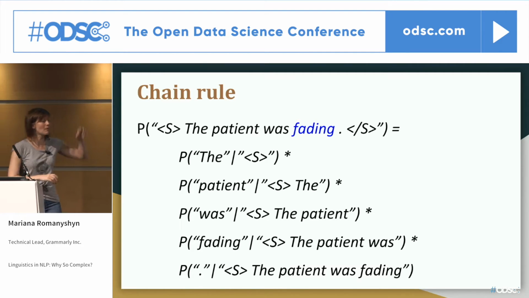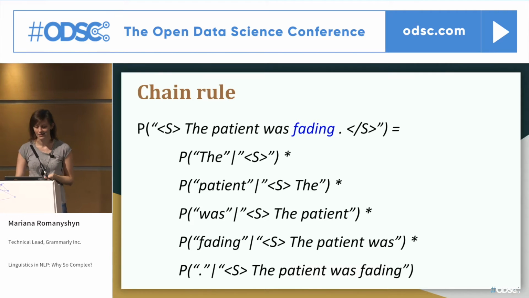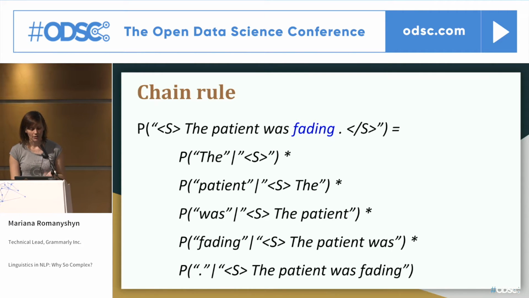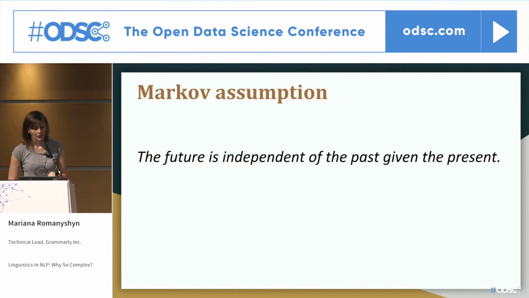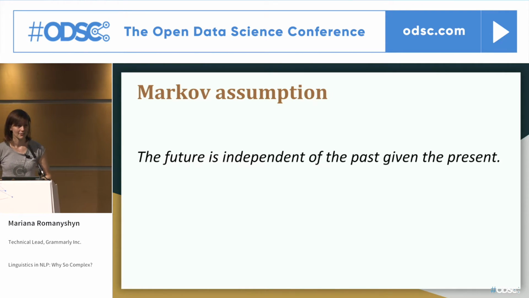And these probabilities will just not make sense because such things will never occur. So in order to simplify this chain rule, we are going to use the Markov assumption. There was this guy Markov, and he said that the future is independent of the past given the present.